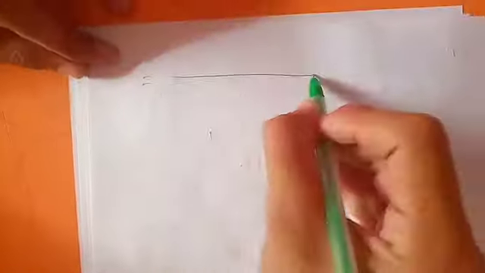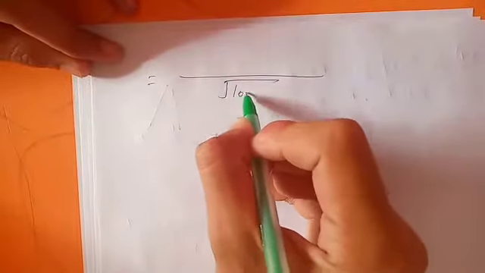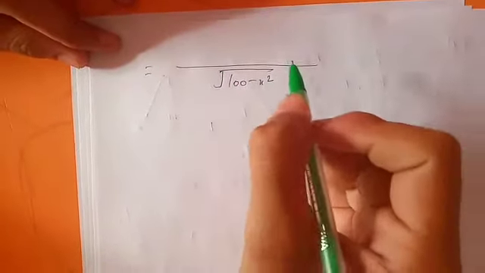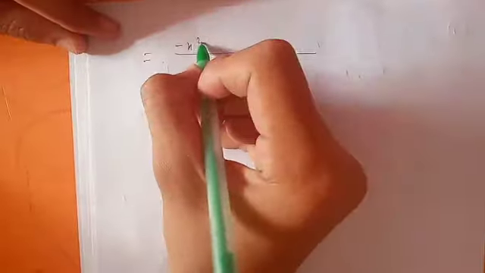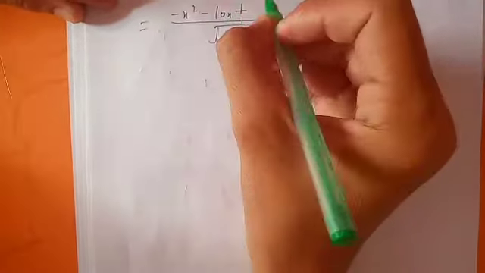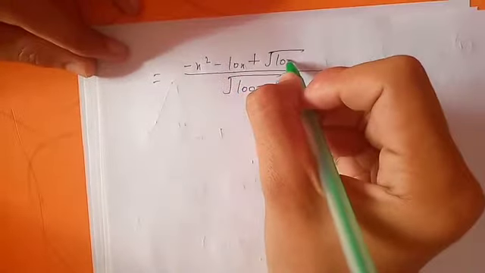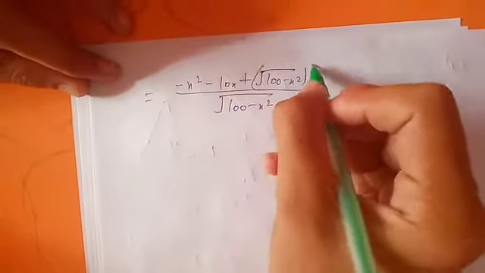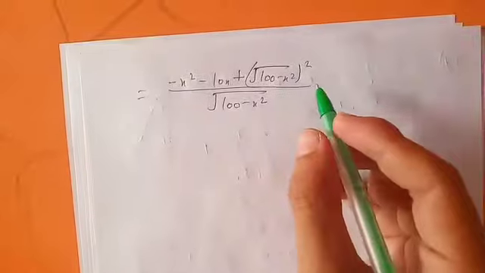So what we will get is, it will be equal to, our LCM will be under the root 100 minus x square, and we get minus x square minus 10x plus 100 minus x square, because it will be 2 times.